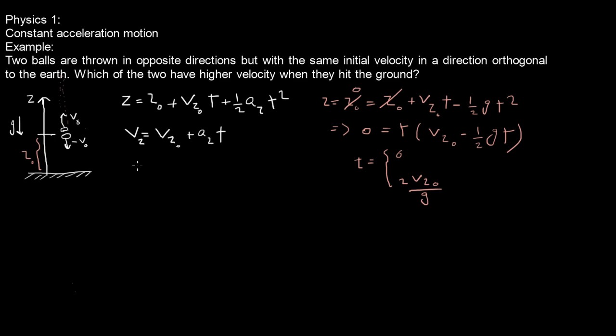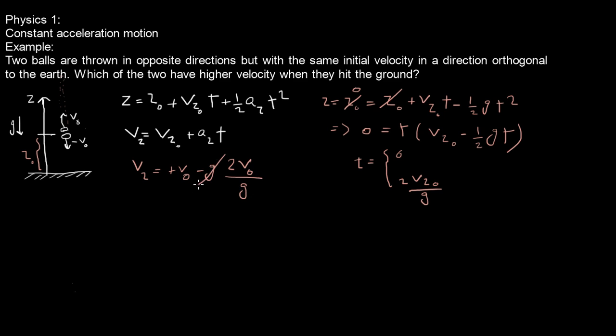Now if I calculate VZ at this other time, then VZ equals VZ0, which is plus V0, plus AZ, which is negative g again, times t, which is 2 VZ0, which is V0, divided by g.